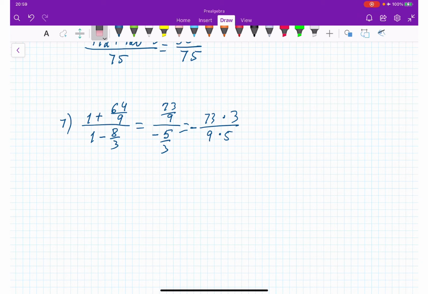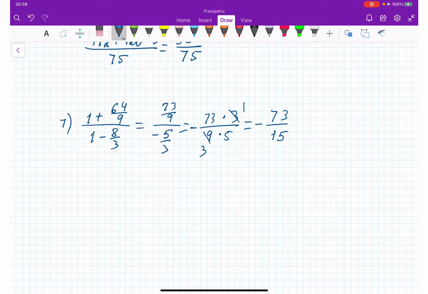So let's see how we can reduce 3 and 9. 3 divided by 3 is 1, 9 divided by 3 is 3, and that's pretty much it. It's going to be negative 73 over 3 times 5, which is 15.